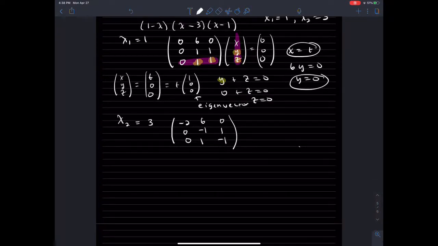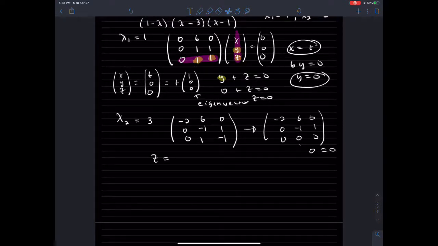Okay, so now see how these bottom two rows, if I add them, I get 0. When I add the bottom two, I get a row of zeros, so that's in my z position. That's why I set z is 0 equals 0. If you want me to write it out, I can.